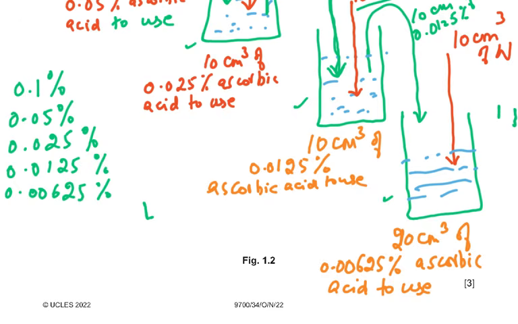I hope this is clear to you all, and I hope you've understood how we took 10 centimeter cube from one beaker, put it into the other, and then we added 10 centimeter of water, so it diluted it by half. So 0.025 became 0.0125, and 0.0125 became 0.00625.